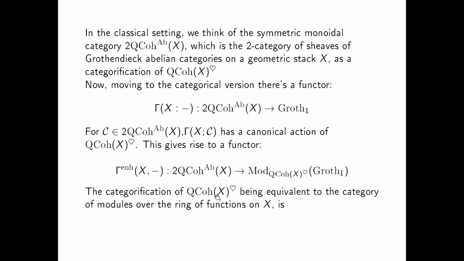So the categorification of Q called X hard being equivalent to the category of modules over the ring of functions on X is, so that means that this is an equivalence, basically.